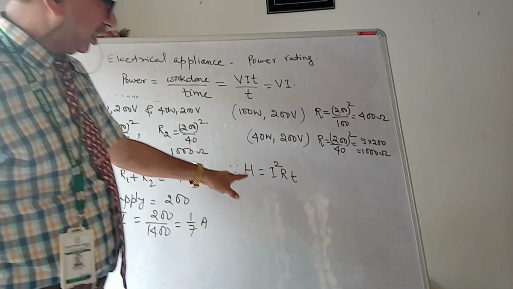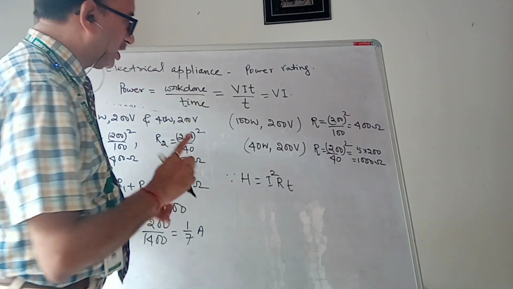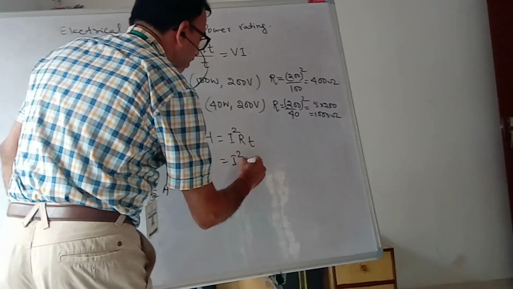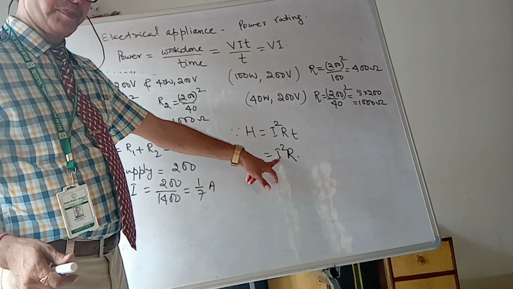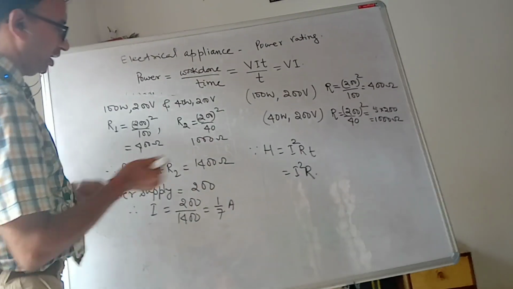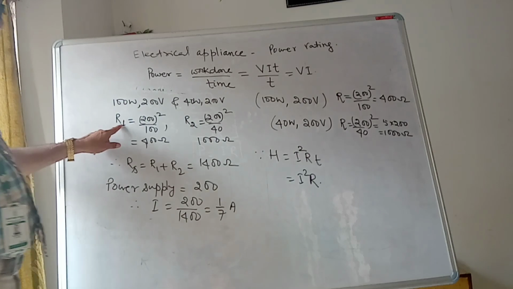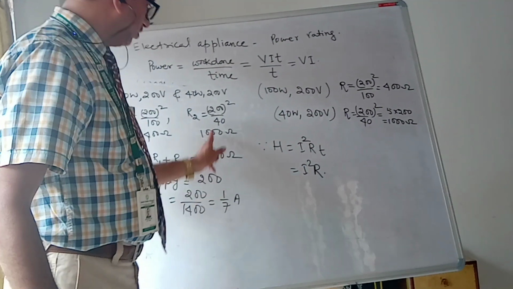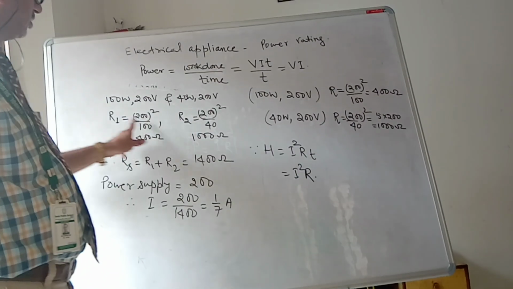When we talk about the heat generated per second, T becomes 1, so it becomes I square R. Since the current remains the same because they are connected in series, I square is 1 by 7 square, into the resistance of the first bulb, that is 400. Now I square into the resistance of the second bulb. So which bulb will glow brighter? You can calculate.